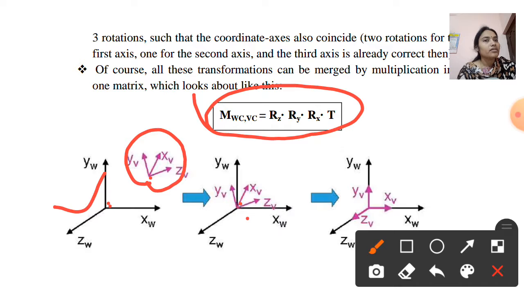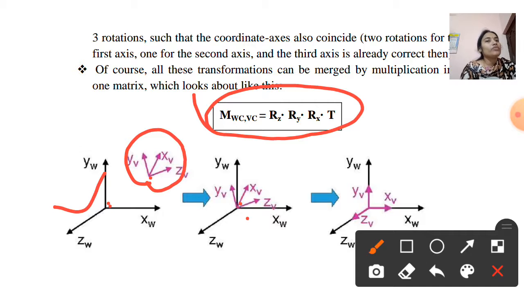Then the viewing z axis is rotated onto the zw axis. After that we rotate about x, which is our rotation x axis, and then about y, which is our rotation y axis.